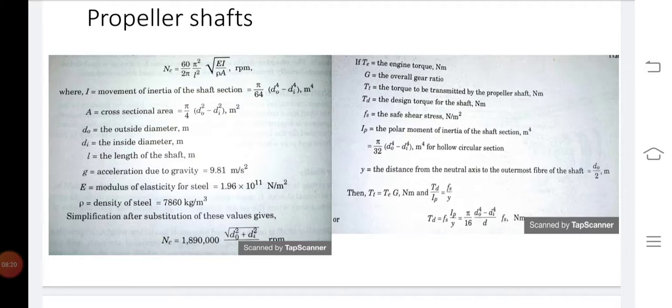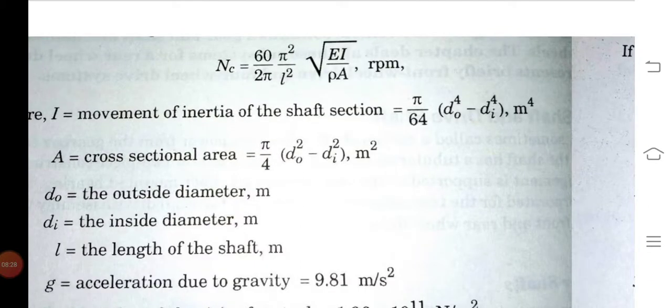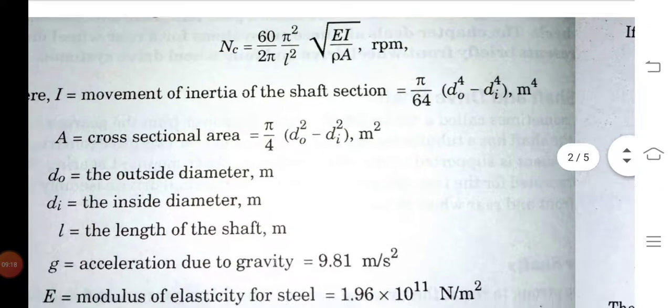The critical speed, if I denote it as NC, equals 60 pi squared by 2 pi L squared into the root over EI by rho A, in RPM. Here I is the moment of inertia of the shaft section, that is pi by 64 into outer diameter to the power 4 minus inner diameter to the power 4, and A is the cross sectional area, that is pi by 4 into outer diameter squared minus inner diameter squared.